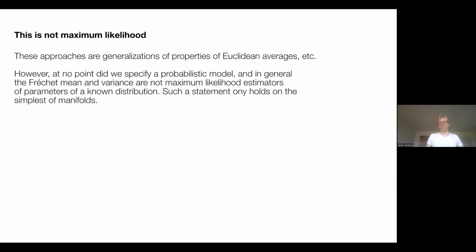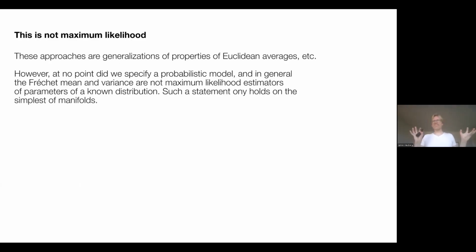So usually I would go on about defining statistics in Euclidean spaces by assuming a probabilistic model, such as my data is Gaussian distributed, and then I would derive maximum likelihood estimators of the key statistical quantities of interest. This I have not done here. I've just taken some properties of the mean and sort of pushed that over to the geometric setting.